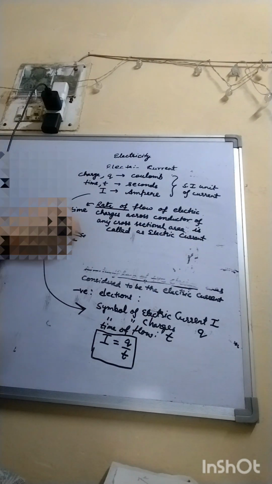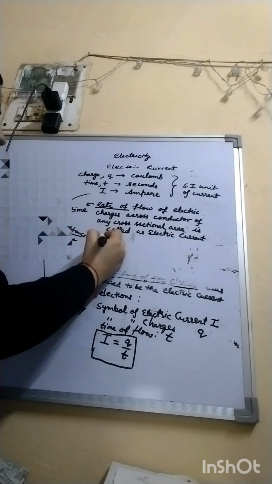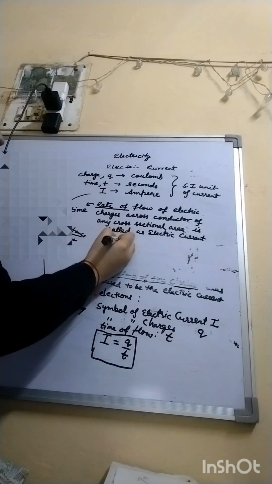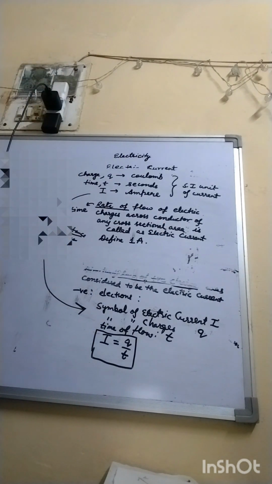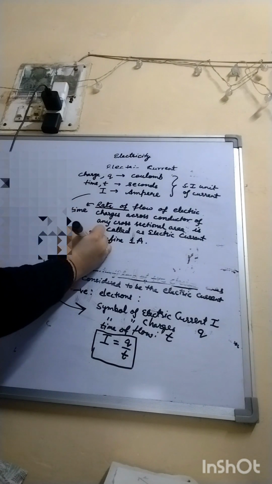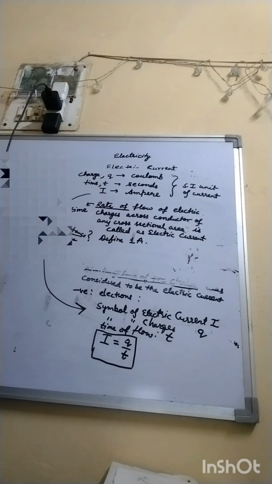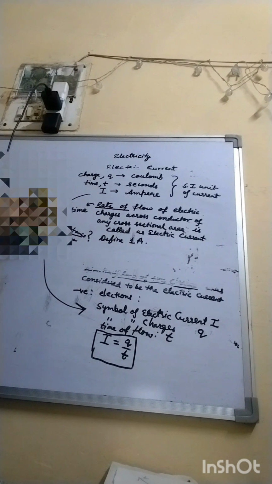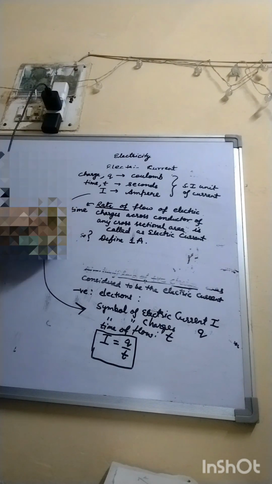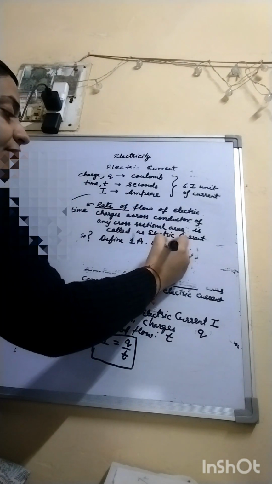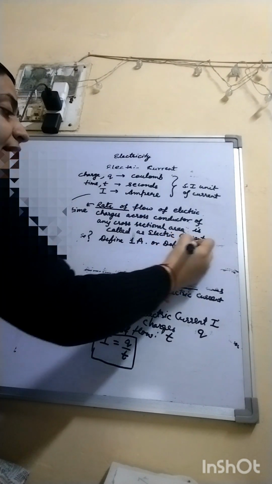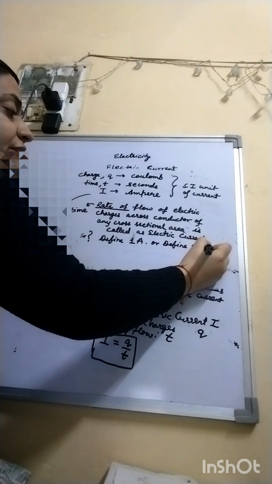Now after this there comes one definition which is very important. Define 1 ampere, or the question can come as define SI unit of current.